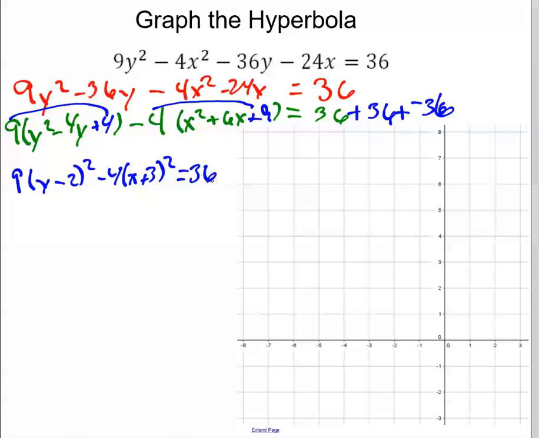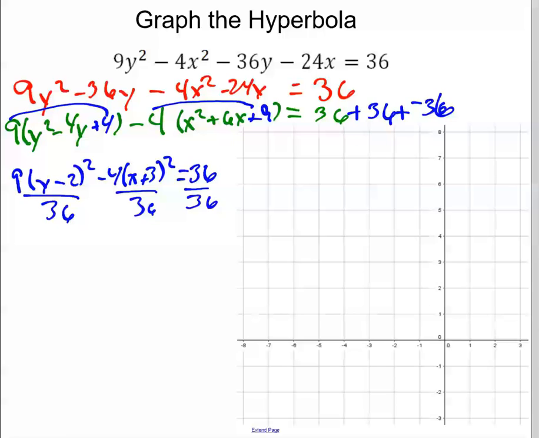And then, just like ellipses, hyperbolas need to equal 1. So divide by 36. Divide by 36. We don't want to have any coefficients here, so we always want to simplify down. Even if we end up having a fraction in the denominator, it is possible to have a fraction in the denominator. It's not going to happen a lot, but it is possible, fraction or decimal.